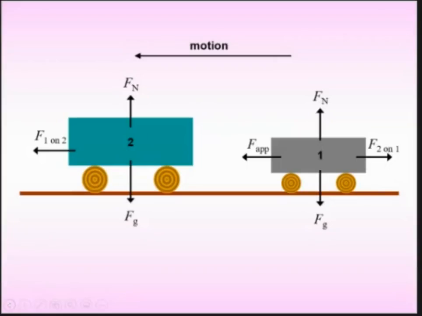By the way, are you saying that F applied and F2 on 1 and 1 on 2 are the same? They're not. Just because they are pointing in the same direction, they're not the same. You know why? Because there's an acceleration.